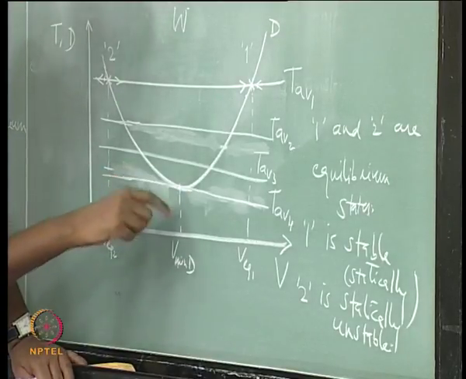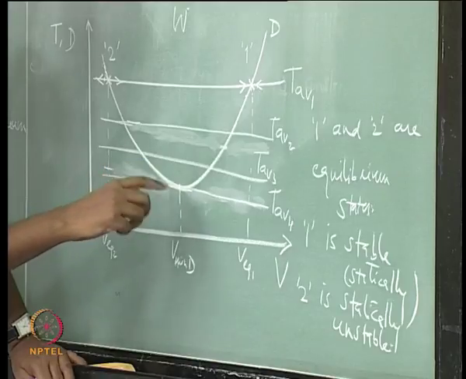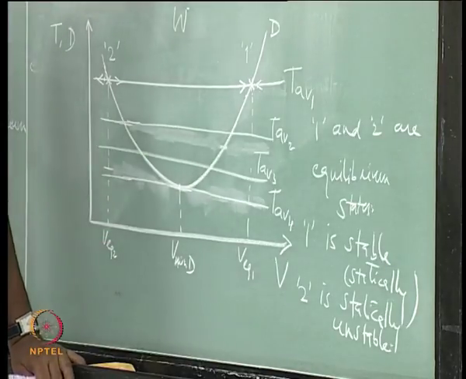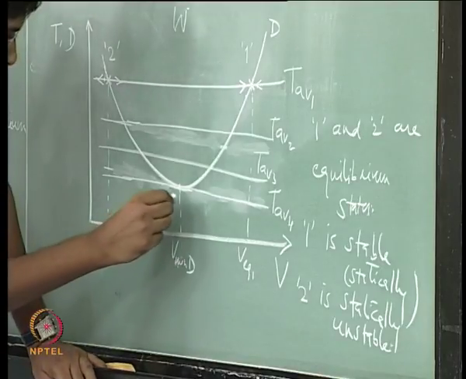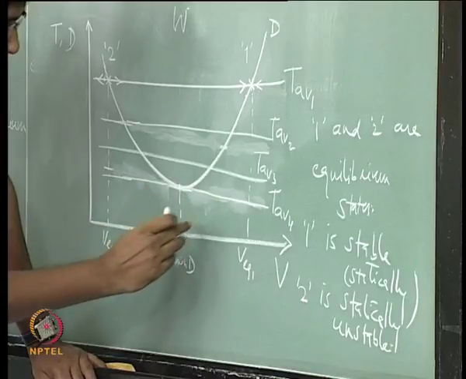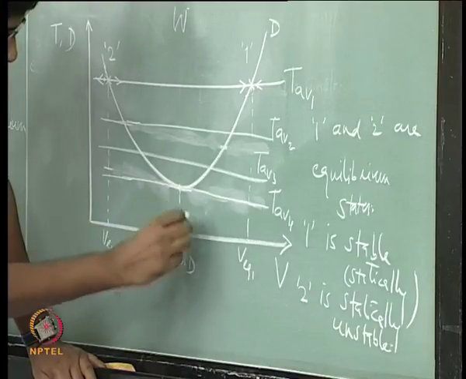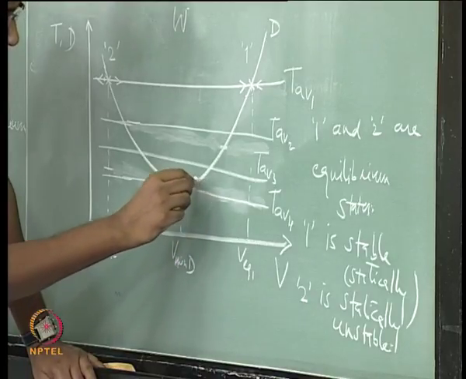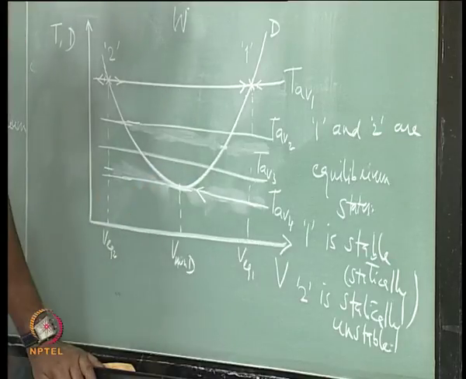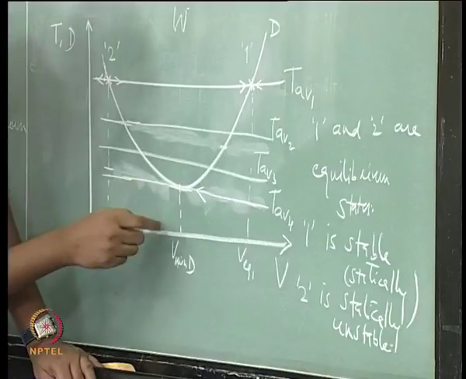Now, this case is of a neutrally stable equilibrium state, because here what is happening is when the speed is increasing on this side because of the perturbation, drag is more than the thrust available, and this is what is happening.